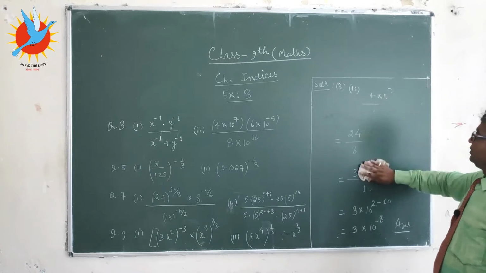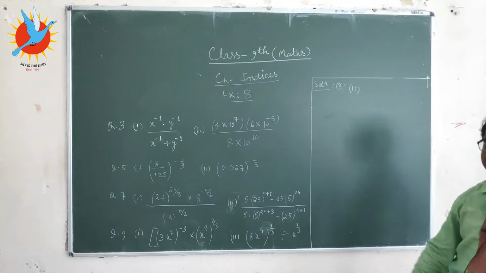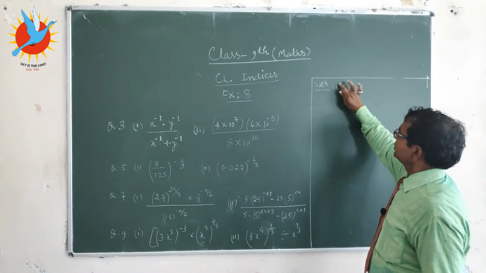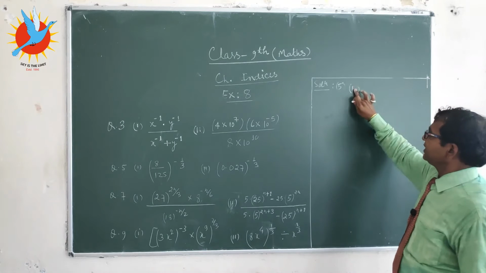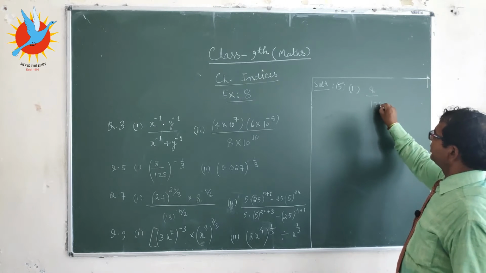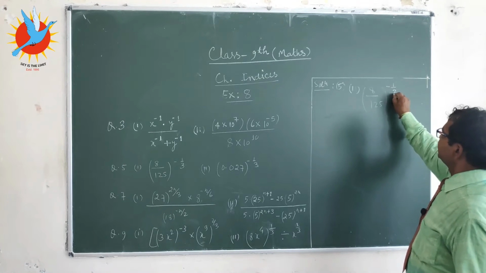Now we will do question number 5. First part, solution of question number 5, first part. The first part is 8 upon 125 to the power minus 1 by 3.